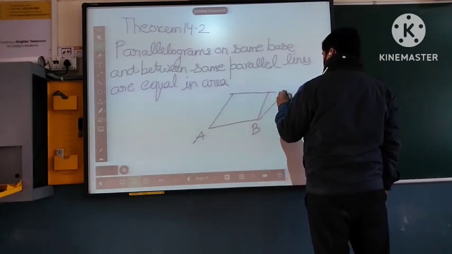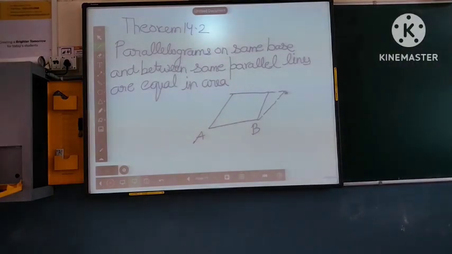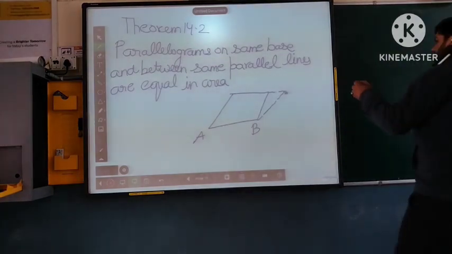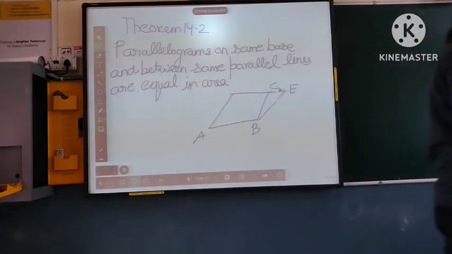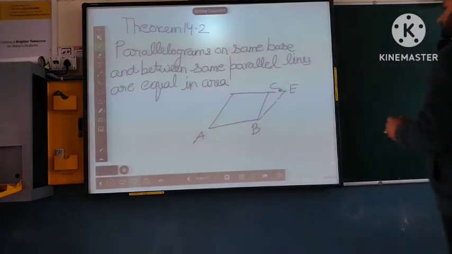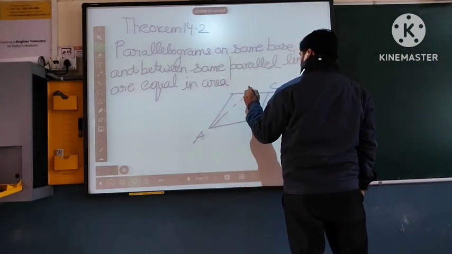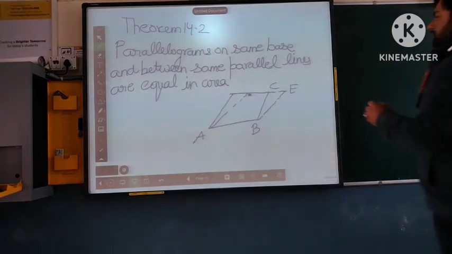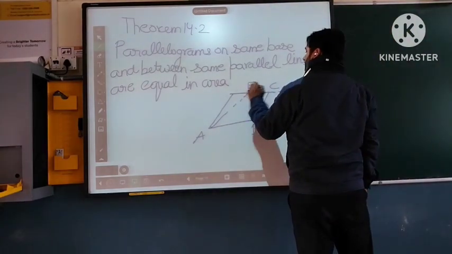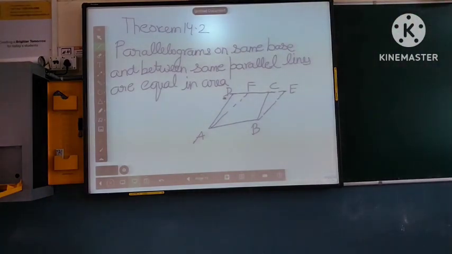I'm extending here. I have drawn dotted here, but again you can draw continuous also. This continuous only has to be drawn. This is just to make you understand that there are two parallelograms on the same base, AB, and this is E, then this is C, then there is F, and then D. The last vertex is D. Okay, clear to all?